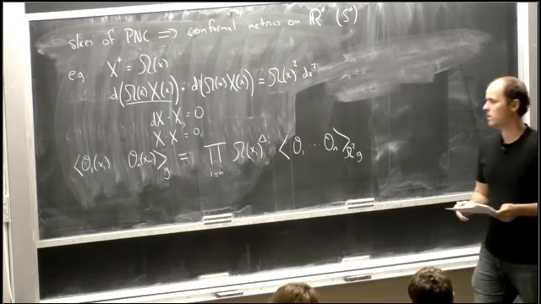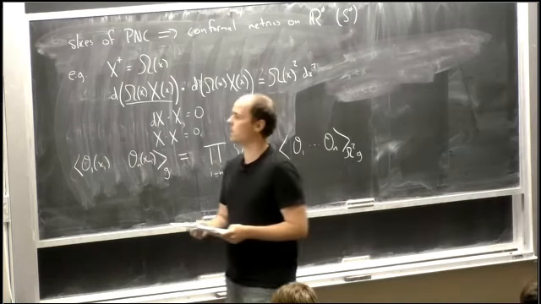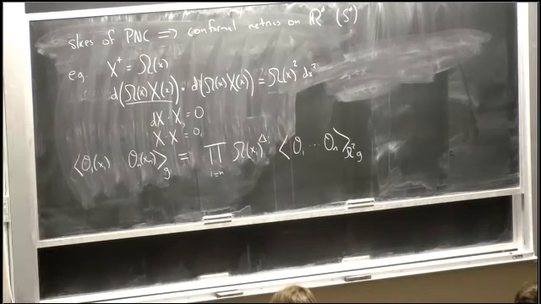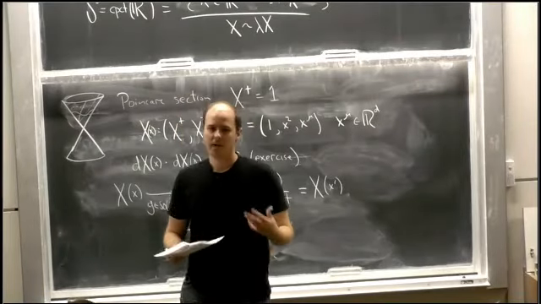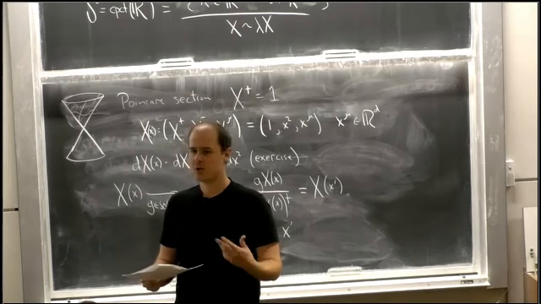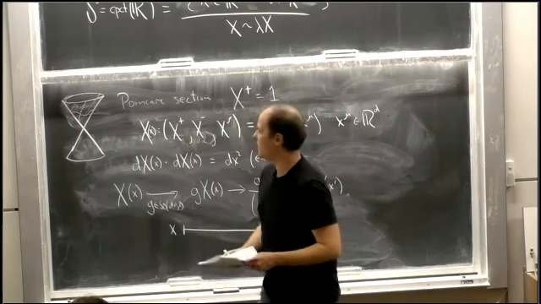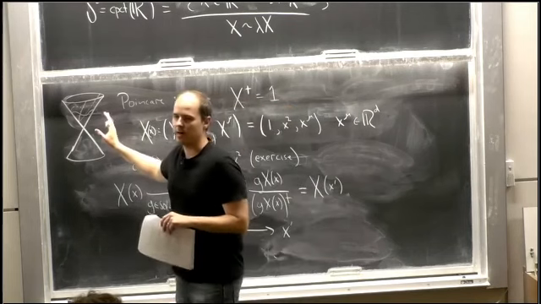Do you put some positivity on lambda? Because if you just allow lambda to be negative, then it should be like a real projective space rather than a sphere. It's not real projective space because the question was, if you allow lambda to be negative, then shouldn't you get real projective space and not a sphere? And the answer is that we're projectivizing this quadric.